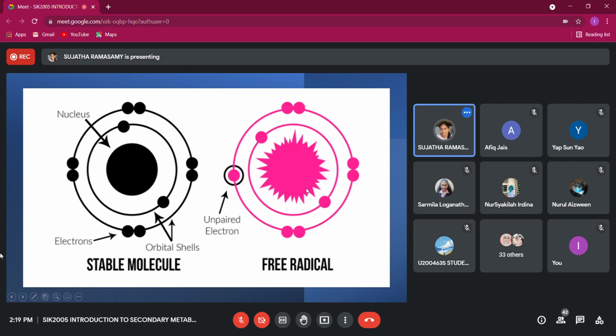This molecule is now known as free radical. So free radical, by definition, is an unstable and highly reactive molecule. Again, I'm referring to a molecule inside our human body. So that's why when it has unpaired electron, it becomes the bad guy.